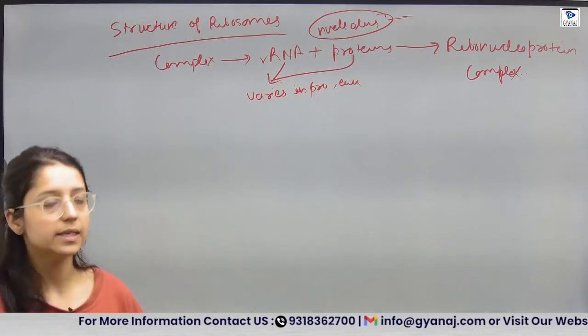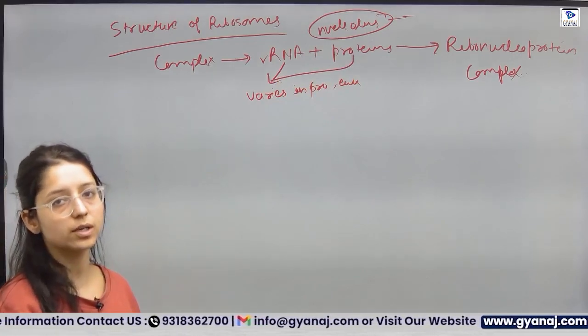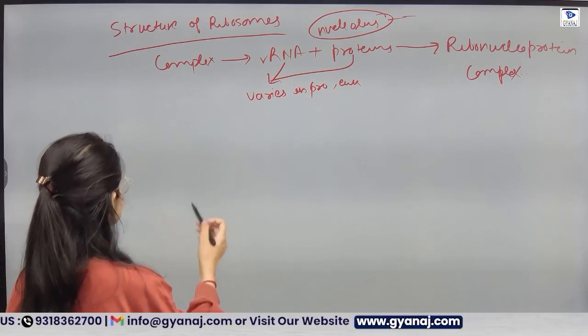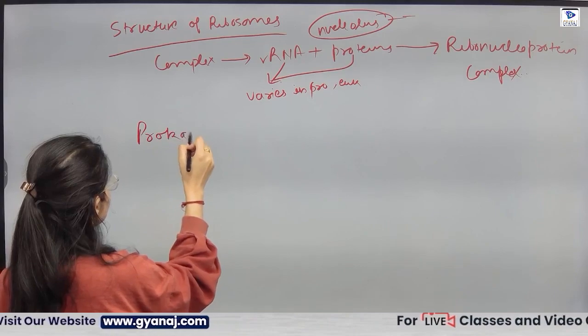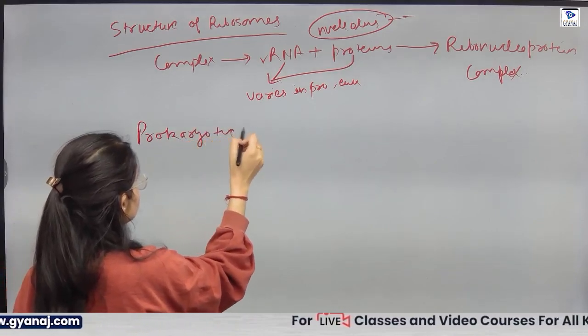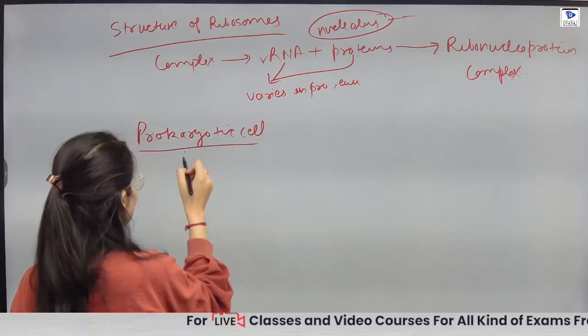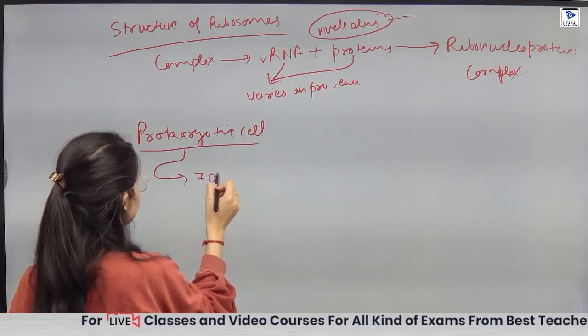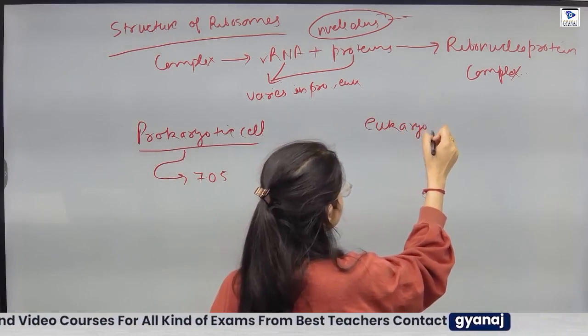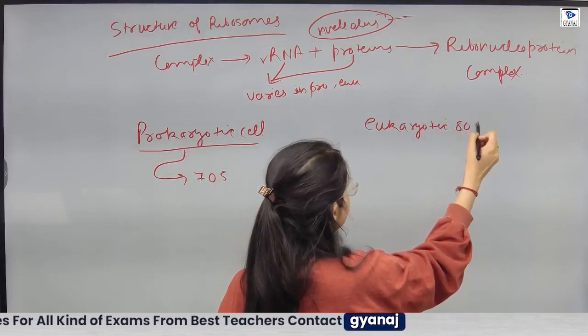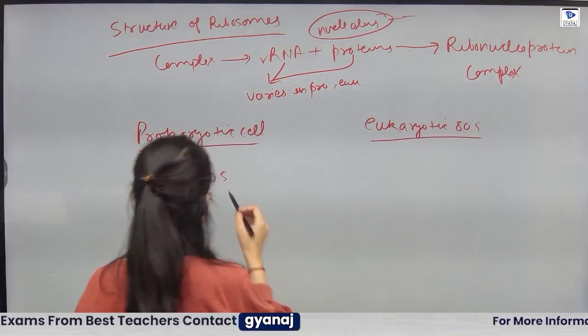So we have the larger subunit and the smaller subunit. Firstly, let's talk about the prokaryotic cell. We read that in prokaryotic cells we have 70S, and in eukaryotic cells we have 80S.